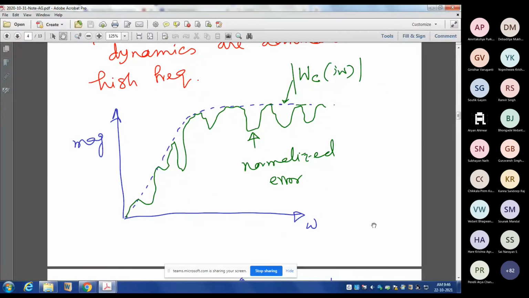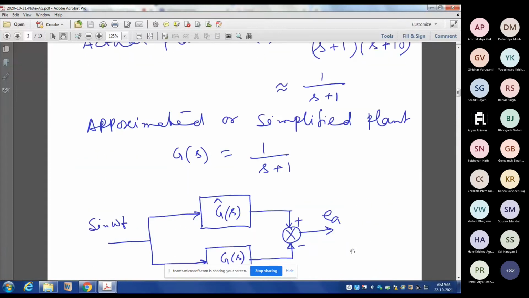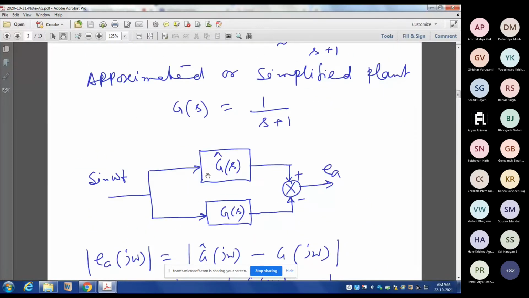You can easily have that because, using this figure, you have your true plant, the actual physical plant, and your approximated plant.